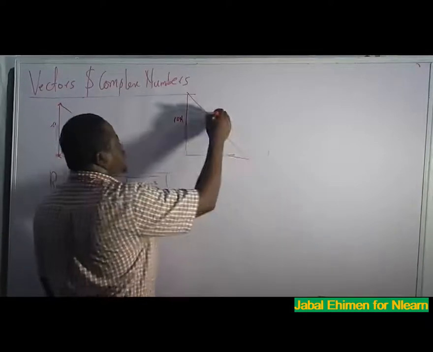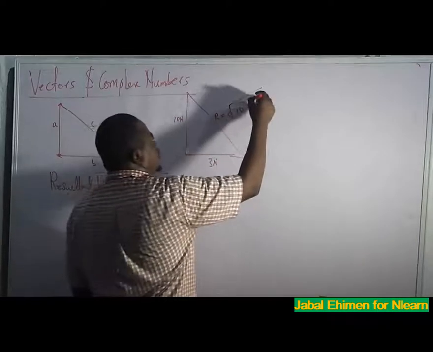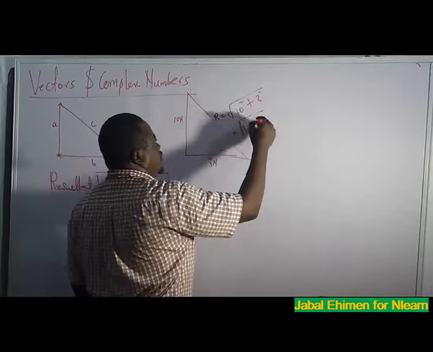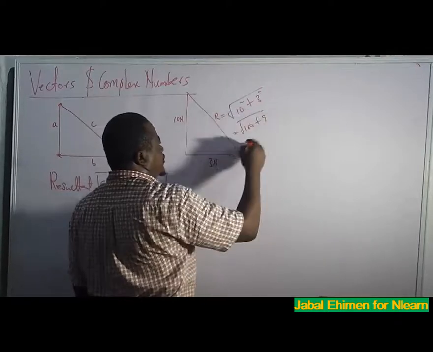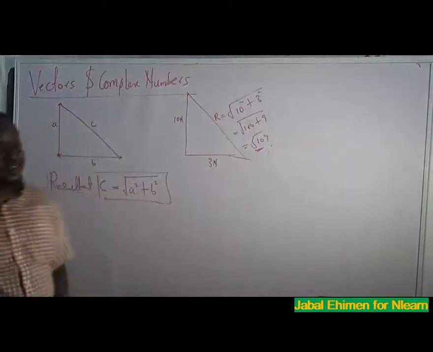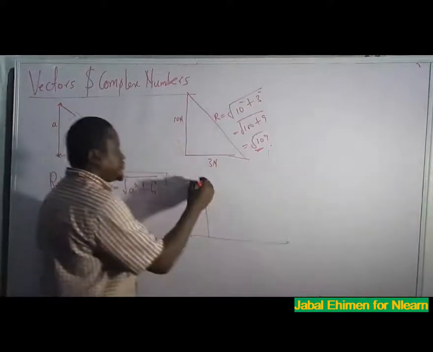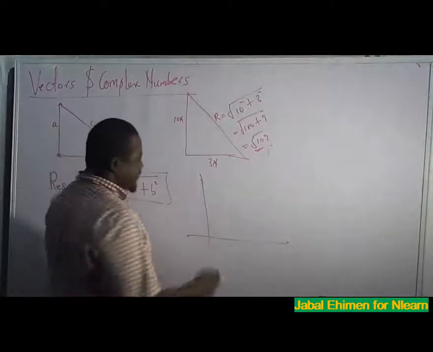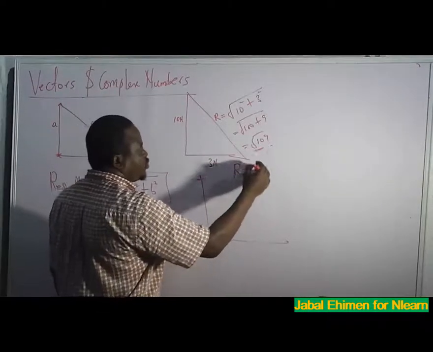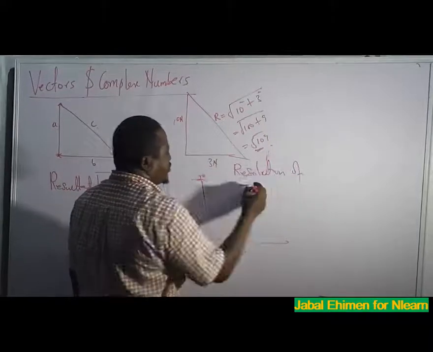The resultant of this is equal to the square root of 10 squared plus 3 squared, which is equal to the square root of 100 plus 9, that is the square root of 109. So that's the resultant. But what about a situation where you consider a vector differently? This one is called resolution. Let's talk about resolution of vector.